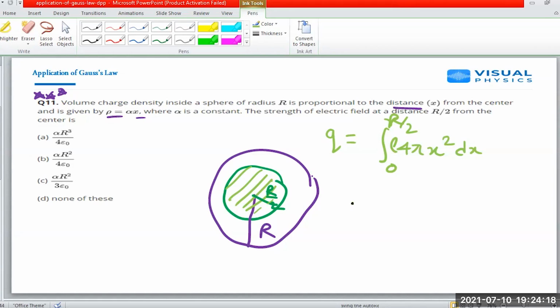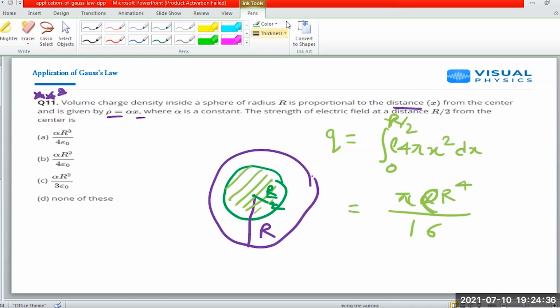I have discussed ample number of times how this comes. So my q will come out to be pi alpha r to the power 4 by 16. On solving, you will get this.